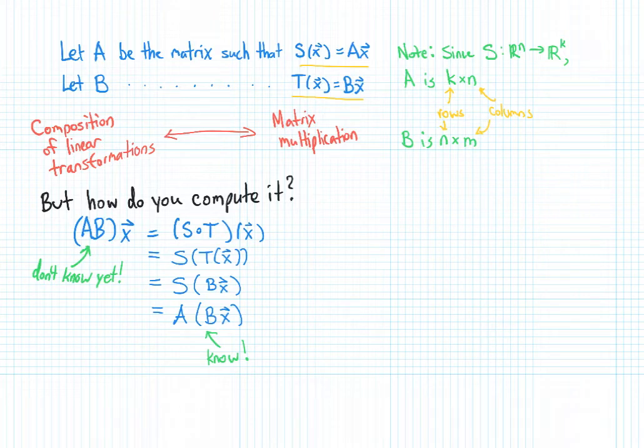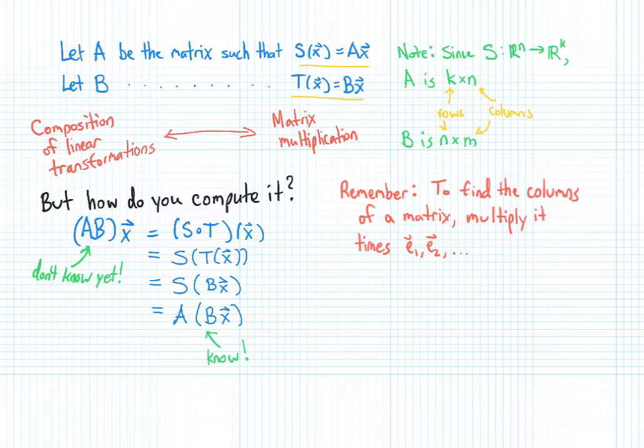The result is another vector, and then we know how to multiply A times that vector. So this we know how to do. We didn't know what A times B was because we didn't know how to multiply two matrices together. But now we have a formula that tells us how to do it, at least in principle. And now we can use this formula to figure out how to do it in practice.